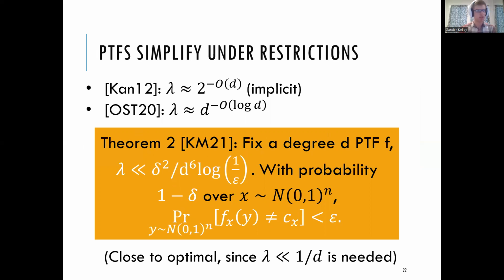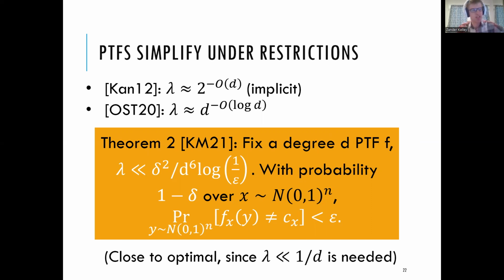We mean that there's some common sign C of x, such that as y varies, it's very unlikely for the sign to flip away from C of x. Okay, so that's what this is saying more specifically. And then, okay, you could ask, right, this has seen 2 improvements since Kane 2012. You could say, what kind of theorem could you hope for here?